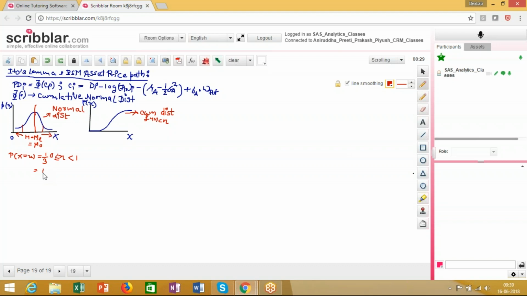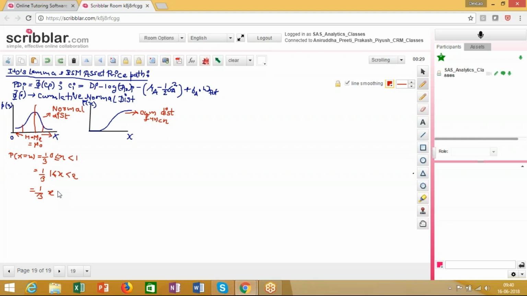It is 1/3 for x greater than or equal to 1 and less than 2.